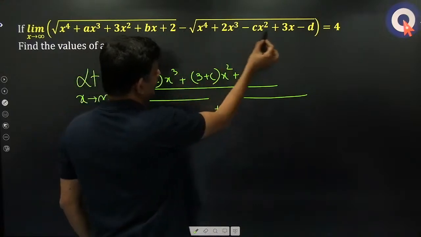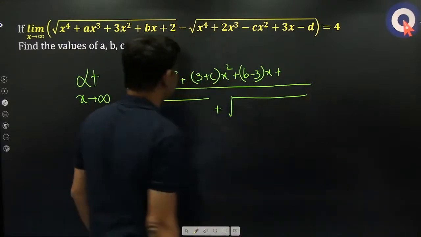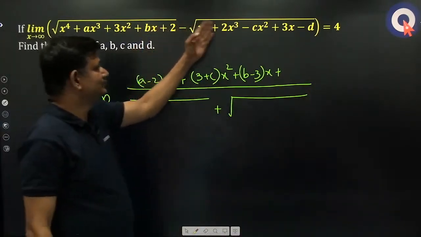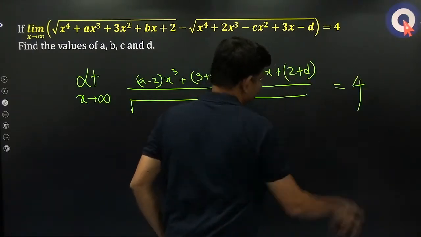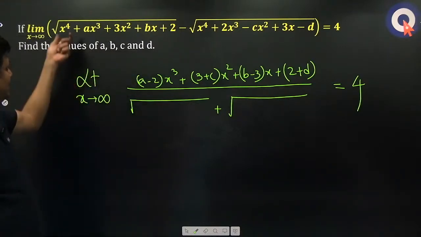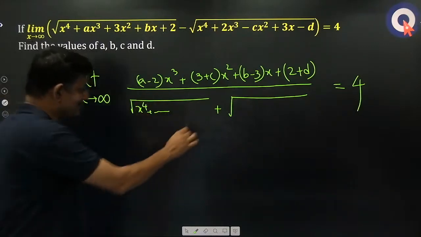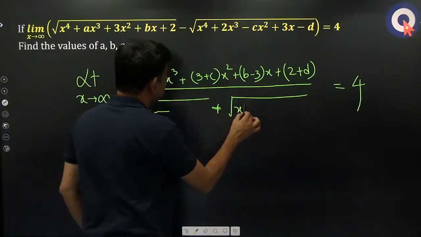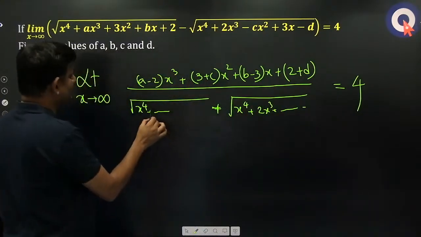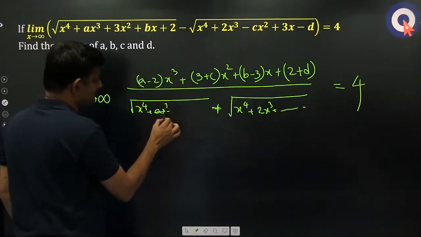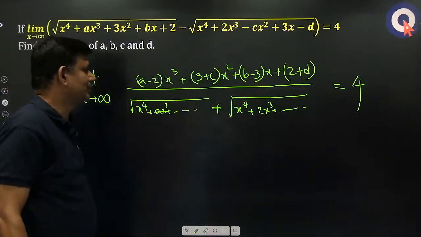B here minus 3 here, b minus 3 into x plus 2 here, minus of minus d is plus d here. ये कितना है? x power 4 plus blah blah blah plus x power 4 plus 2x cube. यहाँ पे भी एक और टर्म लिख देता हूँ ax cube plus same thing is here, so I am not repeating the whole story.